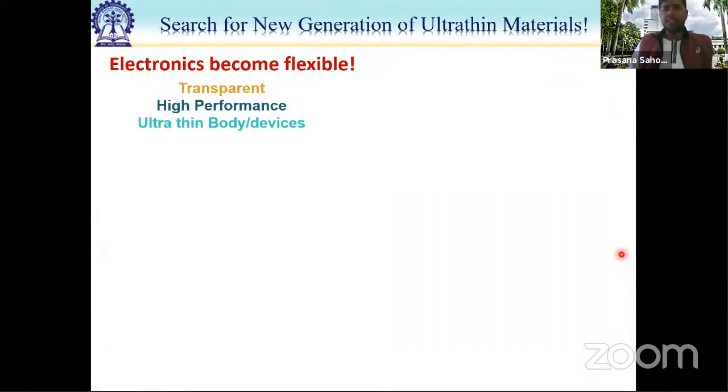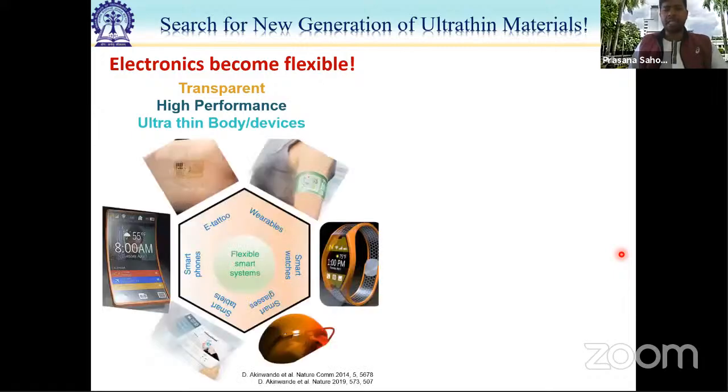Although we have a lot of bulk materials and you can readily buy many things in the market, like low cost LEDs, why do we need a new generation of materials? Because now everybody is more passionate about electronics which need to be flexible, transparent, and high performance. At the same time, it should have an ultra thin body and devices so that we can wear it. We can make smart watches, smart glasses, smart tablets, and smart mobile like things.